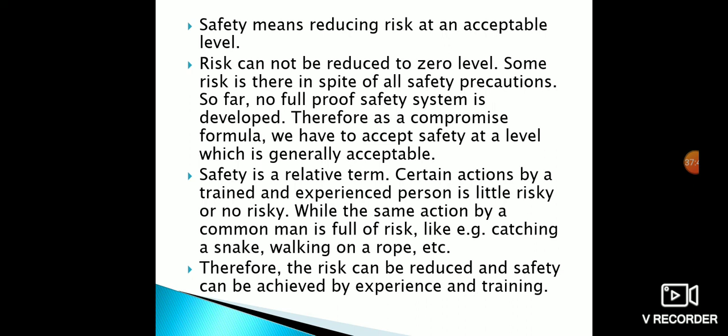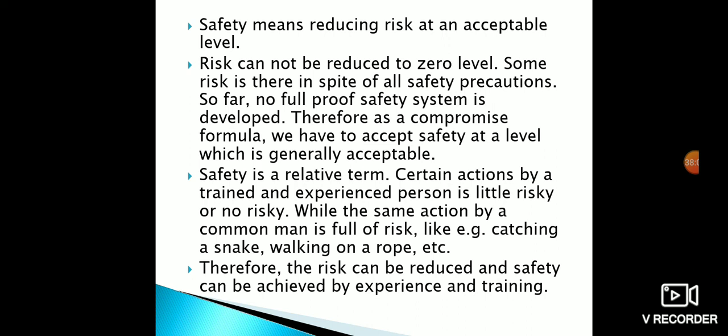Certain actions by a trained and experienced person are little risky or not risky, while the same action by a common man is full of risk, like catching a snake or walking on a rope.